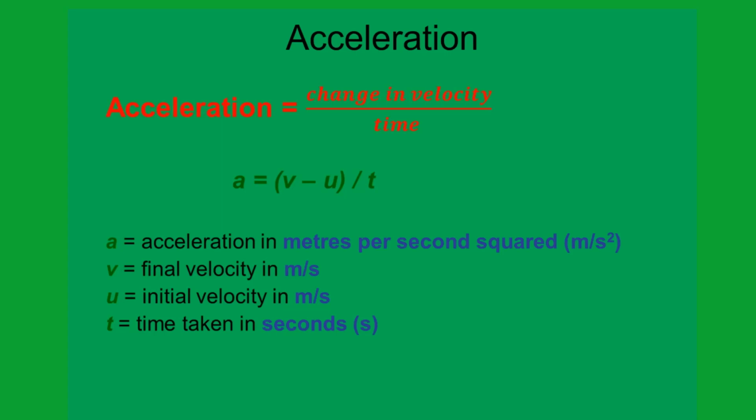Here a is acceleration, unit meter per second square. v is final velocity, unit meter per second. u is initial velocity, unit meter per second. t is time taken, in seconds.